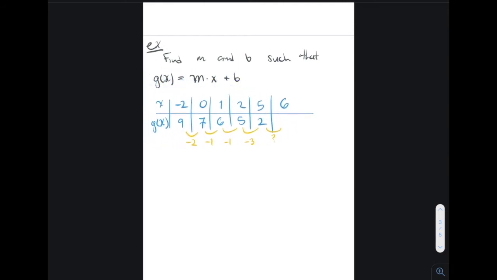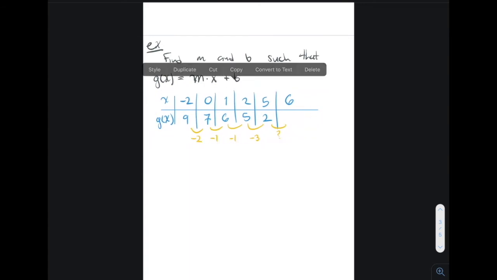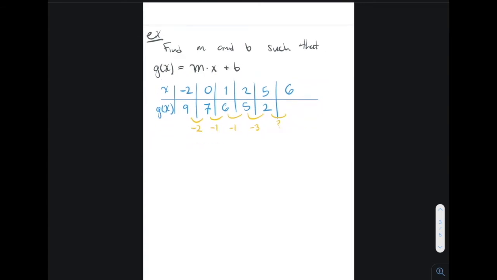Let's do an example of this. In fact, let's try to find m and b for the function g that was introduced in that second table. If we think that g of x is linear, which our few checks seemed to show, then we should be able to find an m and a b that satisfies every entry in this table.